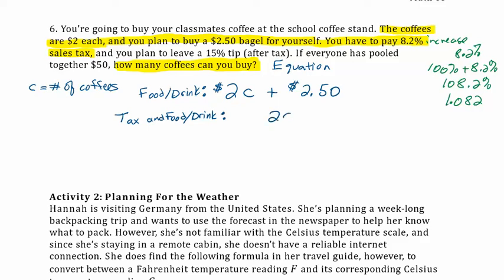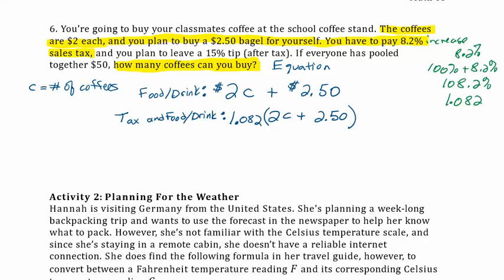So we're going to take our food and our drink, and now I need to increase this by 8.2%. So I'm going to multiply that by 1.082, that whole thing. Okay, now this expression is the coffee plus the bagel plus the tax. I'm using the word plus as the tax is being added in there because I'm multiplying it by my multiplier.